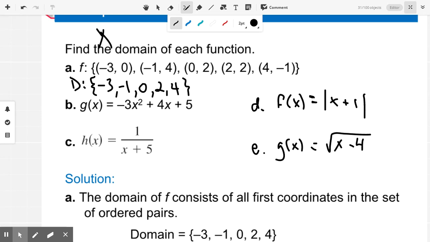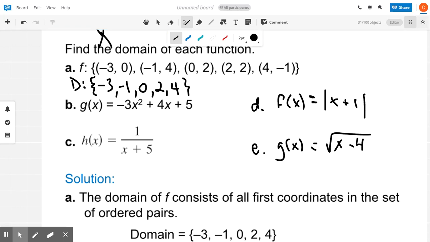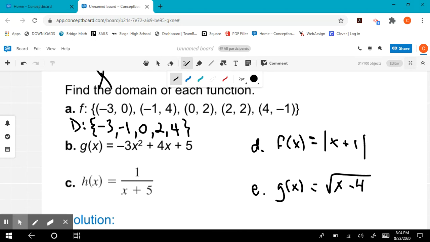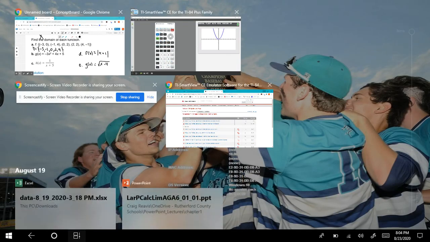This one right here just ends up being a parabola that opens downward. We could go back and look at our calculator.